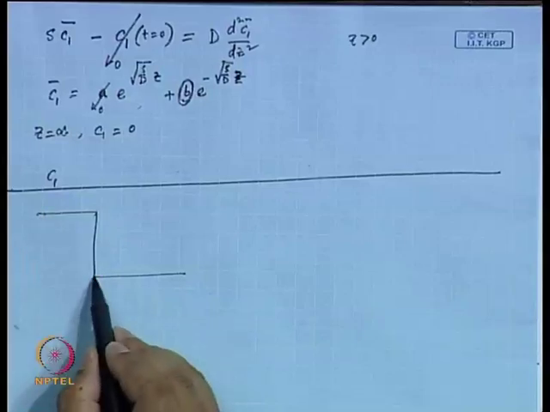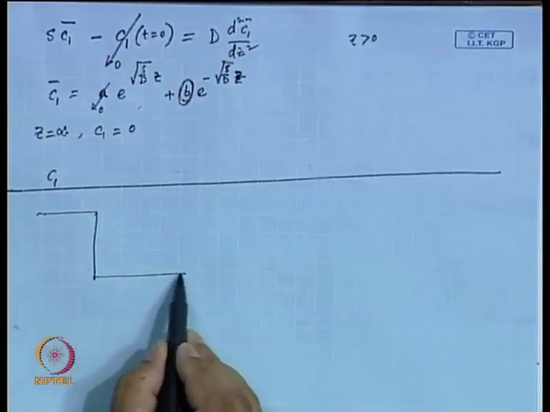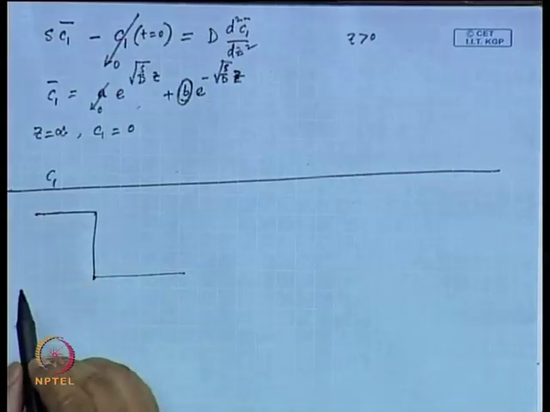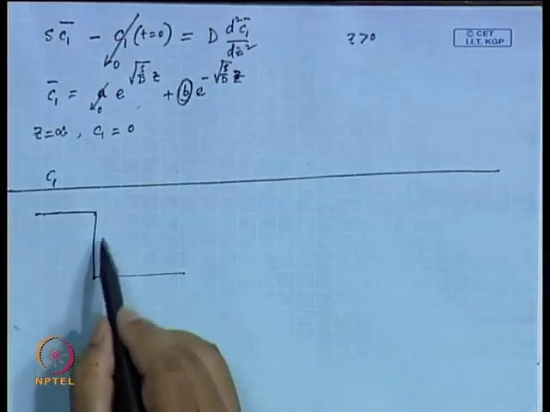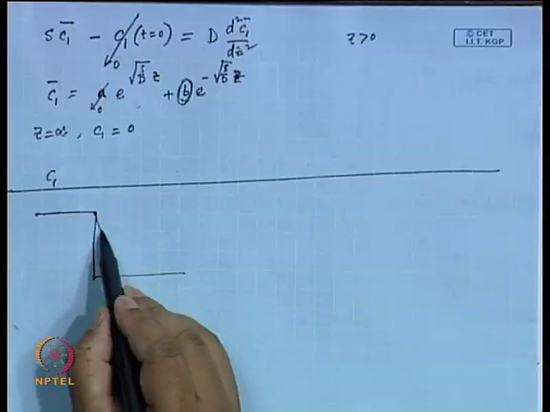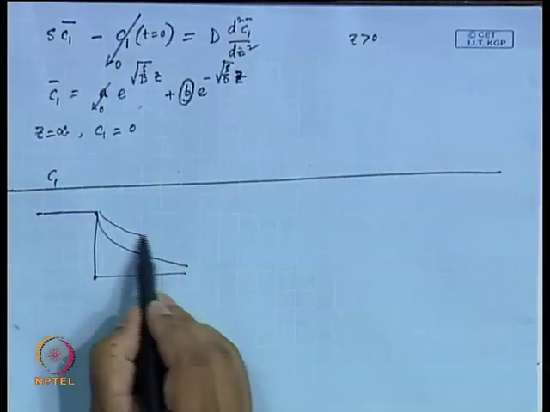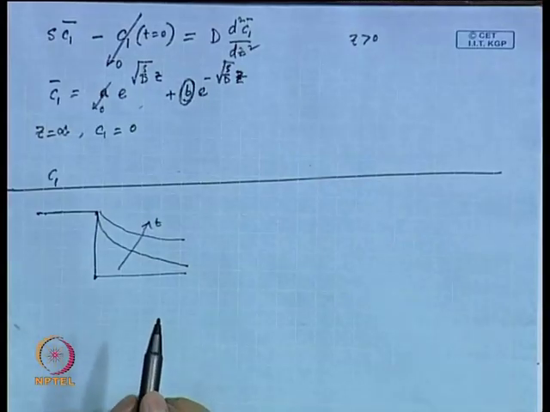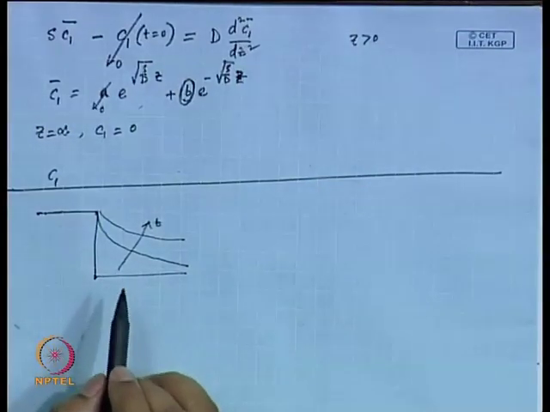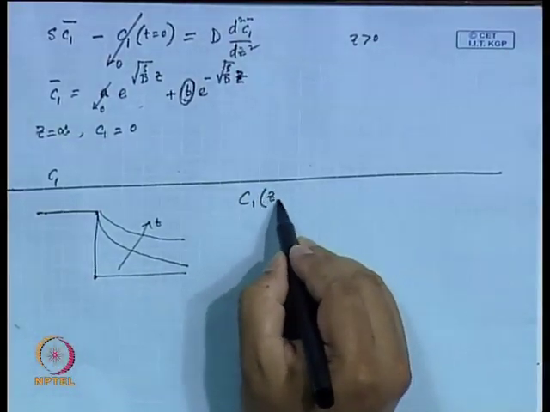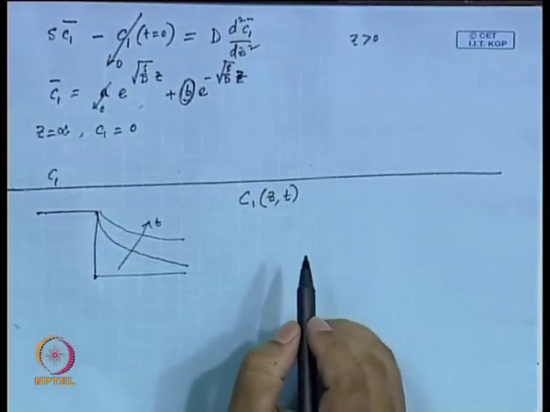From this point onwards the concentration is 0, and from this point onwards concentration is a finite value, and now with time how the concentration changes here. It would be somewhere like this, somewhere like this. So, with time the concentration will change. How will you solve this? How would you obtain a concentration profile here, just like we said, C1 as a function of z and t?